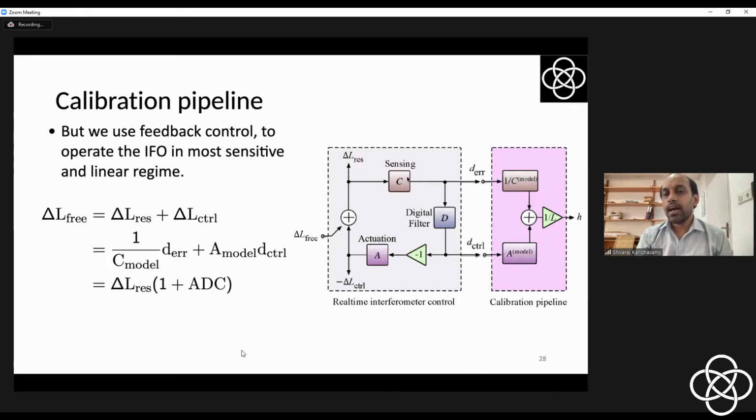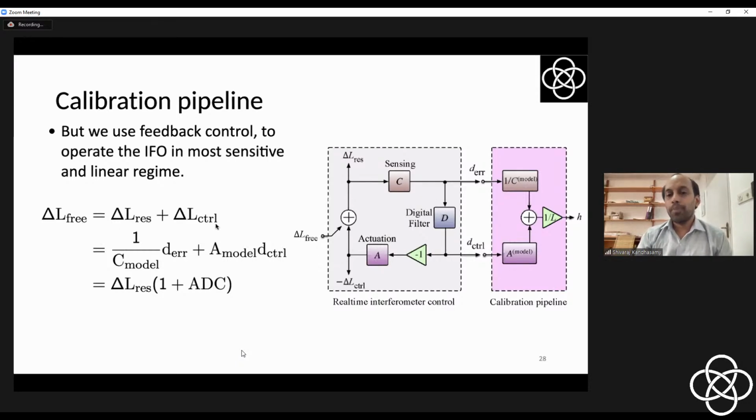So this is a closed loop operation that keeps the length of the arm fixed. Because of this closed loop operation, I cannot just use the sensing function alone to predict the gravitational wave signal that impinged on the instrument. I also need to know the correction that I'm applying to the arm.